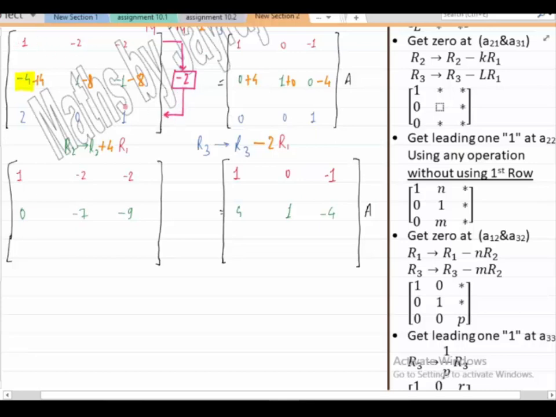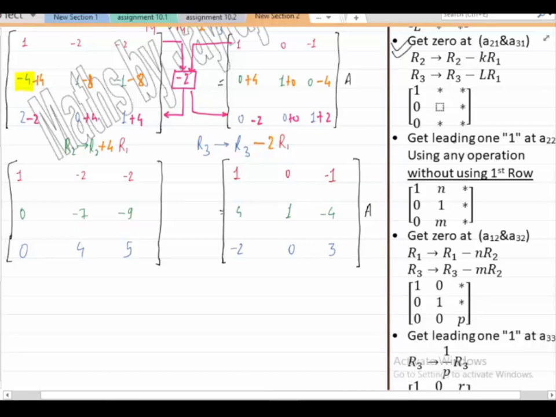So 1 into minus 2, minus 2, minus 2, minus 2 is a plus 4, minus 2, minus 2 is a plus 4 again. Same thing on the right side, and it will give us minus 2, plus 0 and plus 2, which transforms our third row into 0, 4, 5, minus 2, 0, 3. So here we complete our second step.